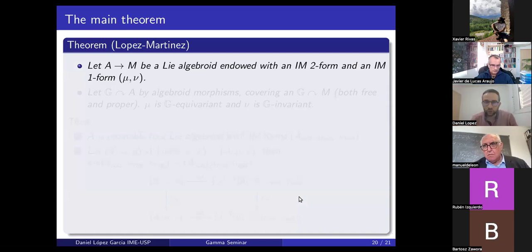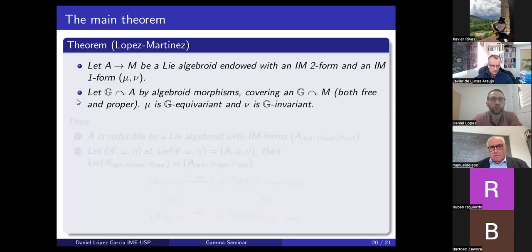Just to finish, I want to summarize this idea in this theorem. You can start with a Lie algebroid endowed with these IM forms mu and nu, satisfying equations 1 through 3.